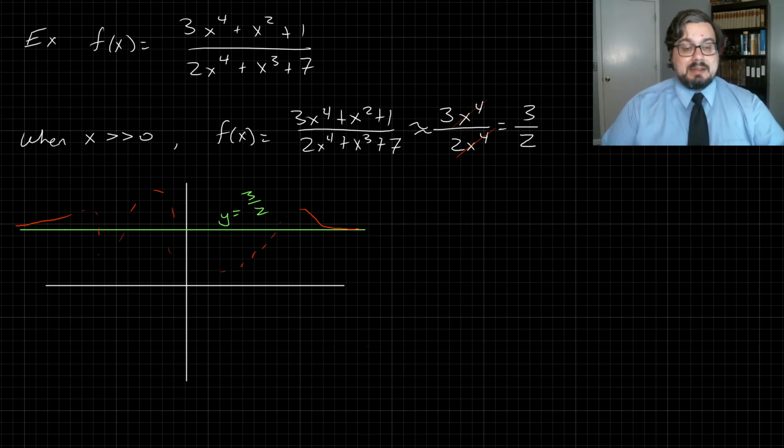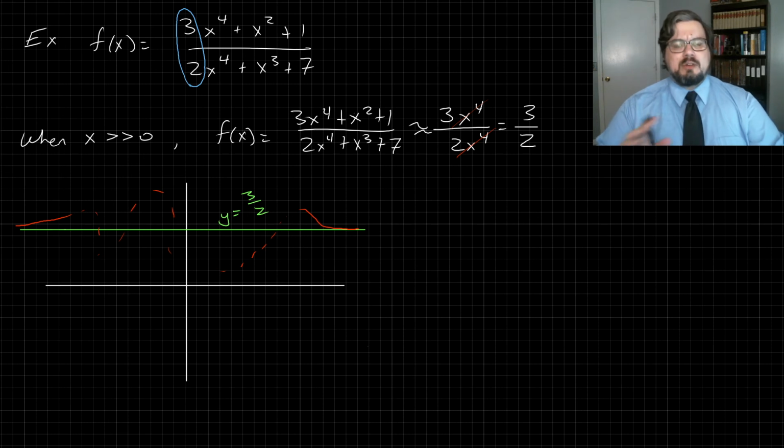And that's how we can calculate the horizontal asymptote of a function where the numerator and denominator have the same degree. What we do is we look at the ratio of the leading coefficients. We'll summarize all of this in a moment. We look at the ratio of the leading coefficients, and that will give us the y value of the horizontal asymptote for that rational function.